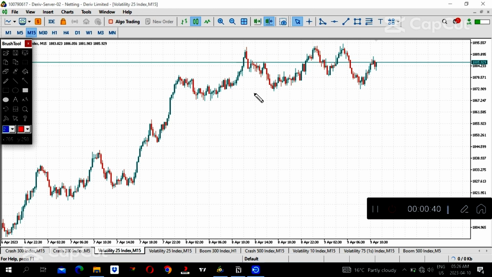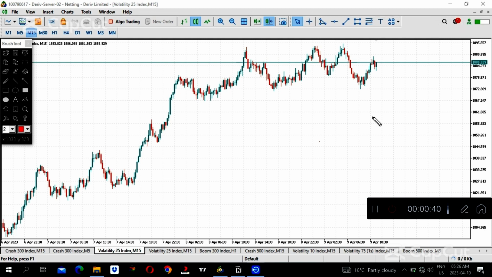Then for the reversal chart patterns, you've got the wedge. Those are the chart patterns that I'm going to be showing you. There are four chart patterns that I've grouped into two categories. But most of the time, it can follow any direction, even if it's a wedge.